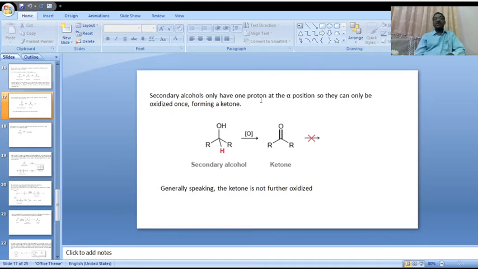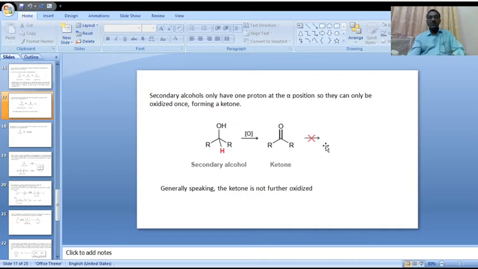forming a ketone. Here only one proton is present in this secondary alcohol. In oxidation, only one proton leaves from this compound, a proton and hydrogen, forming a ketone.